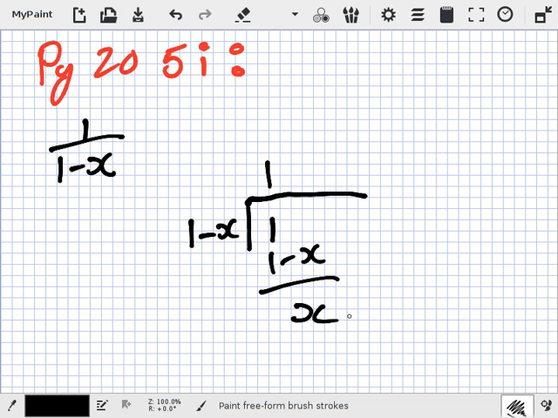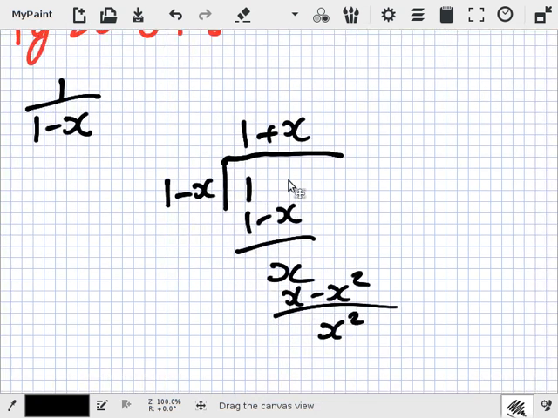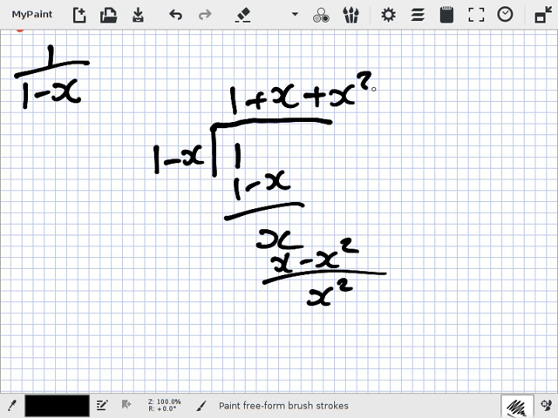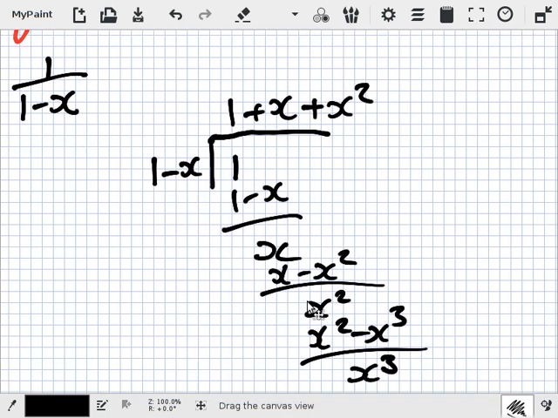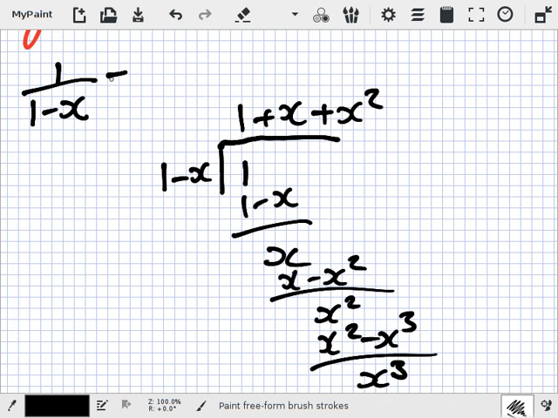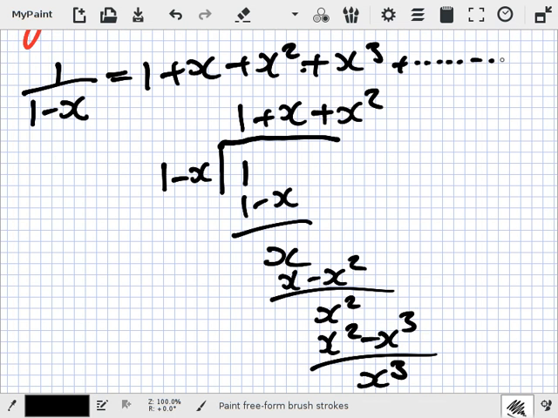Next, what do I multiply 1 by to make it an x? X. Multiply. Subtract. Next one: x squared. Multiply. x cubed. Subtract. It never finishes. So you arrive at the result that 1 over 1 minus x is 1 plus x plus x squared plus x cubed, etc.